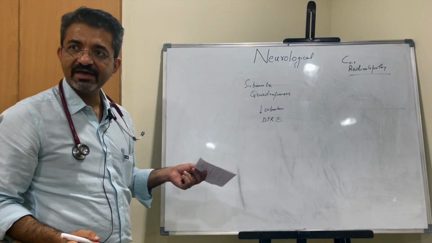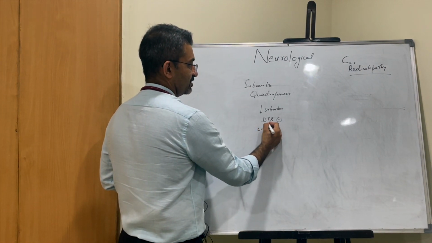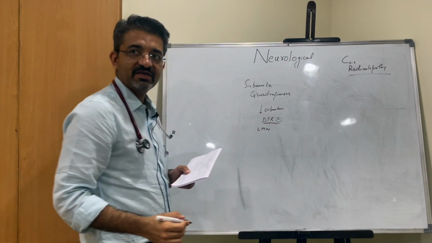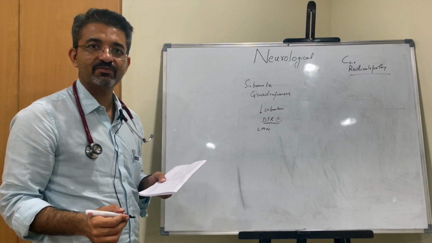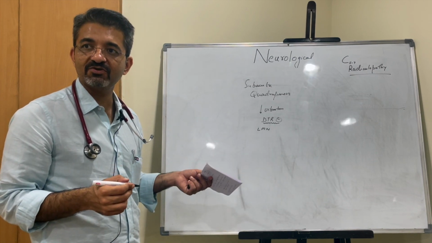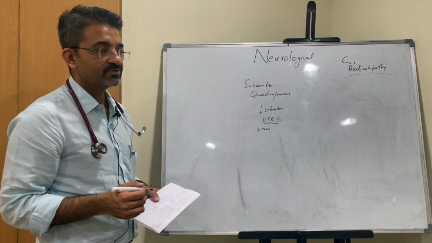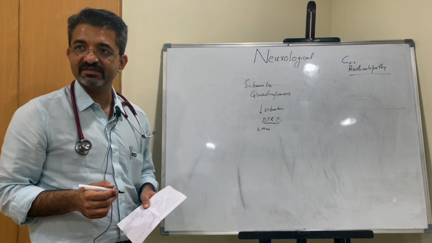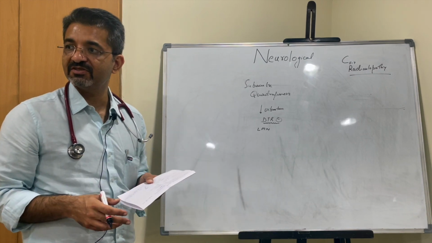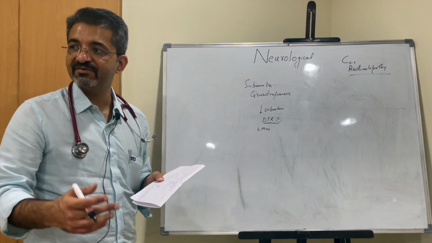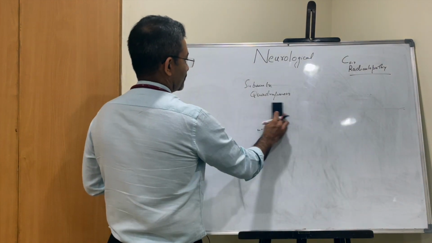So this is definitely a LMN problem, a lower motor neuron problem, wherein the DTR is lost, plus there is posterior column involvement, that is demyelination is happening. So one of the most important causes of demyelinating posterior columns and LMN findings would be GBS. So always remember, acute to subacute quadriparesis, wherein your DTR are absent and your posterior column sensations are gone, you probably are dealing with GBS, right?